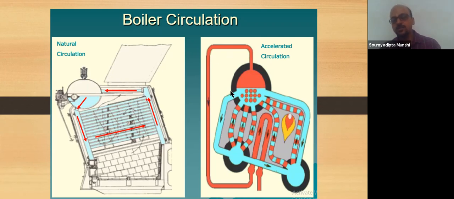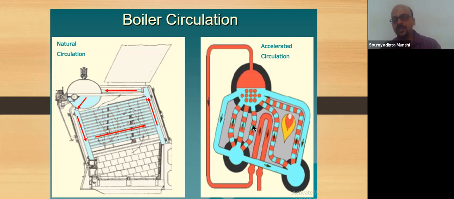Accelerated circulation means, here you can see that the water tubes are in a horizontal line. That means due to the gravitational force, or due to the force experienced by the water due to the difference in the density, the water is flowing.